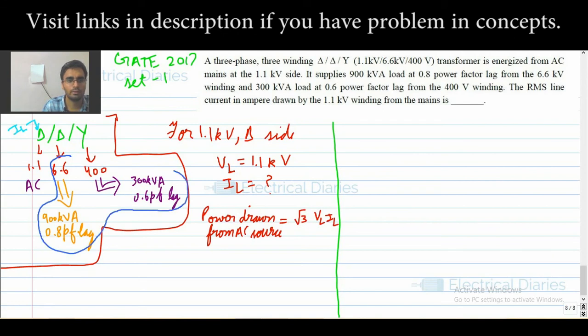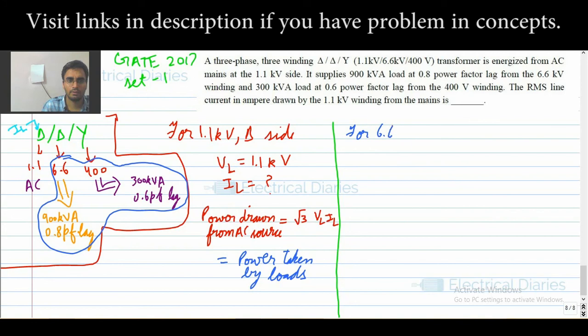If I calculate the total S of these loads, then I can equate it to this and find IL equal to the power taken by loads. That is one logic that I am having. There can be other methods, but they will be lengthy.